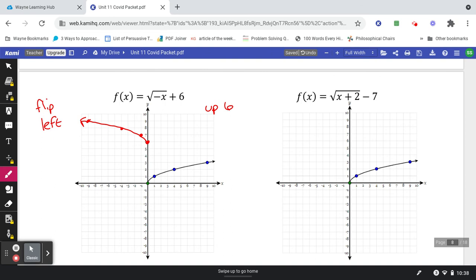Plus 2 is going to move it left 2 places, and minus 7 moves it down 7. Start with the middle point, left 2, down 7. Then you can just continue that pattern. There you go.